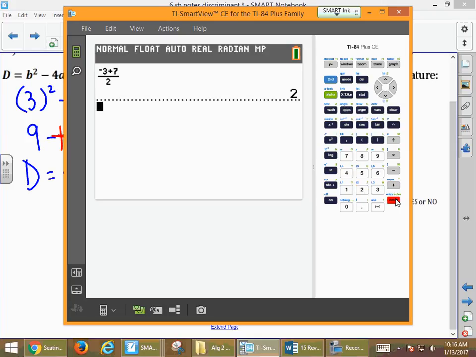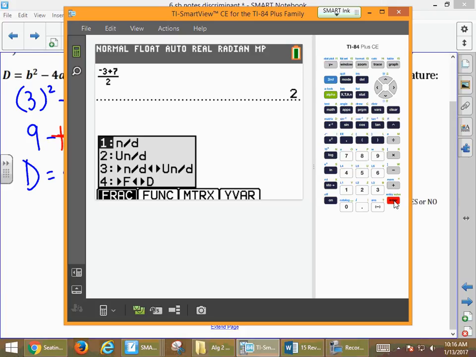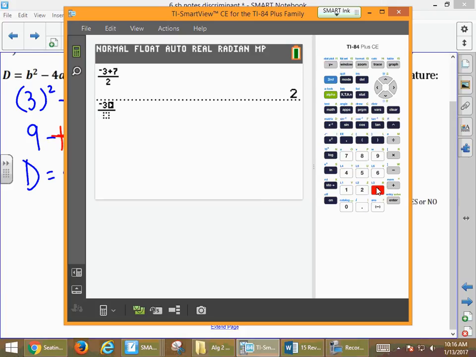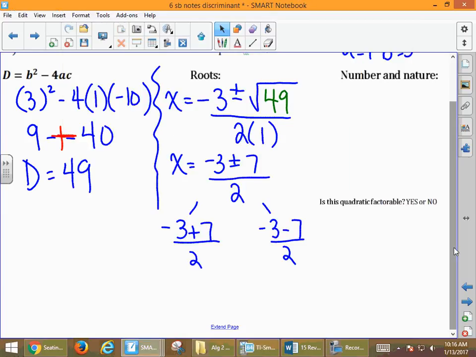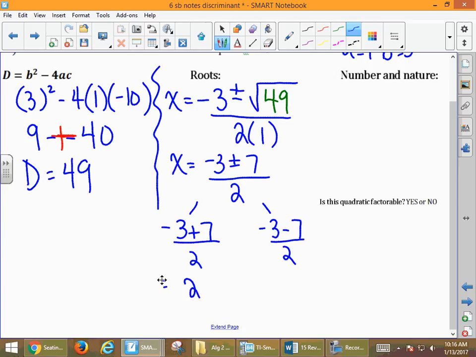Negative 3 plus 7 divided by 2 gives us 2. Or negative 3 minus 7 divided by 2 gives us negative 5. So our values here are 2 and negative 5. If we get the answers 2 and negative 5, is our quadratic factorable?